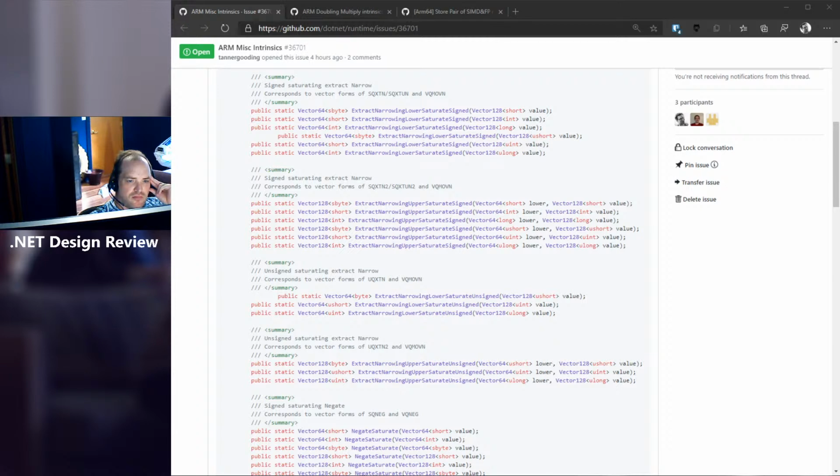But I guess if you follow this rule, then we need a suffix for negate or abs. Yeah, potentially. Although negate is signed. Just absolute signed.